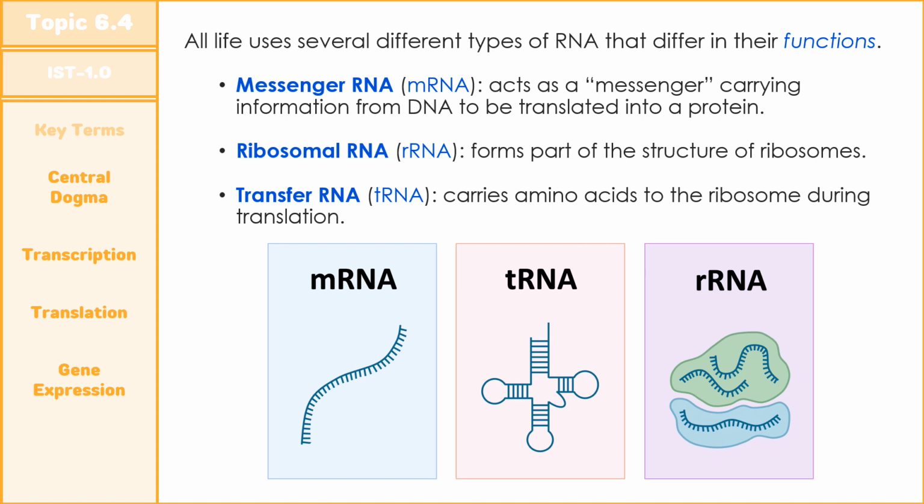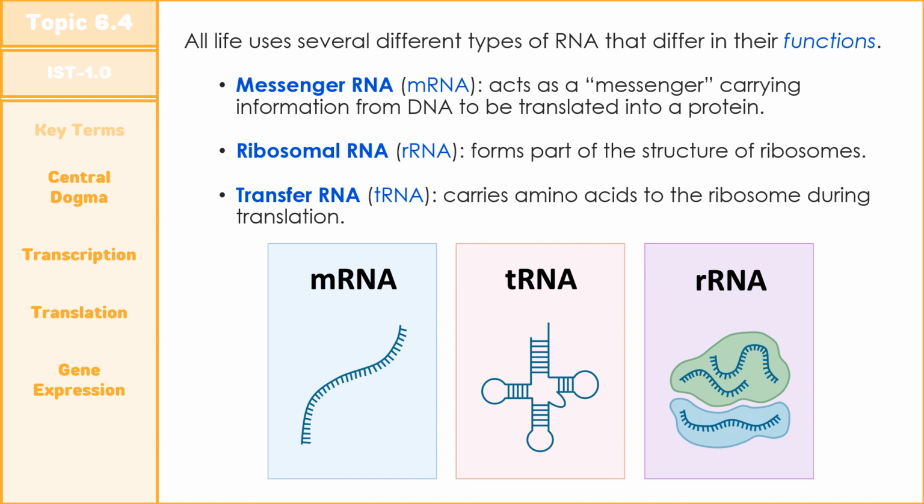Three of the types of RNA that we are going to be primarily focused on include messenger RNA, ribosomal RNA, and transfer RNA. Each of these can be shortened to just the first letter of their name and RNA. So we have mRNA, rRNA, and tRNA.